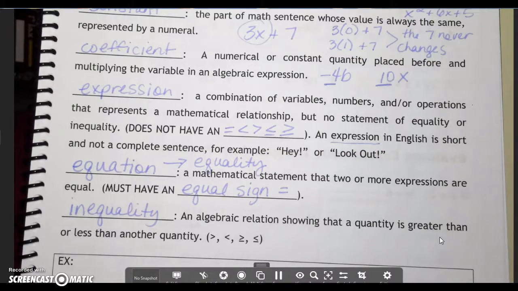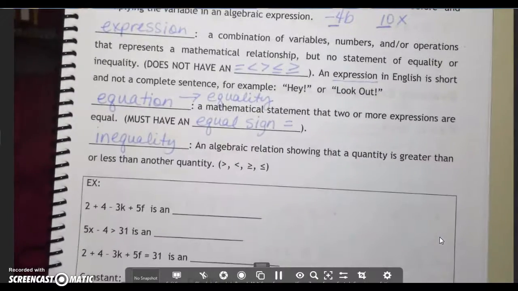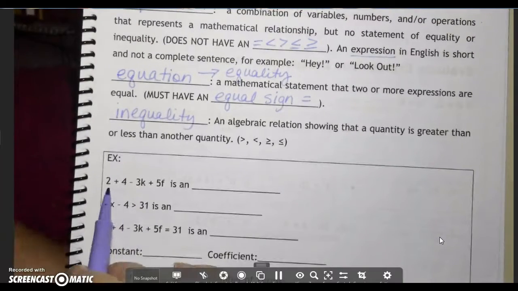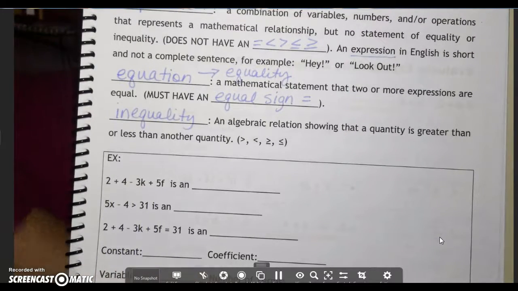All right, so let's do some of those examples at the bottom. Nat, that first one, 2 plus 4 minus 3k plus 5f, what is that? Is that an equation, an expression, an inequality, a coefficient, a variable? Let's eliminate what it's not. Is it an inequality? How do you know? Because it doesn't have what? Any of these signs, right? So it can't be an inequality.